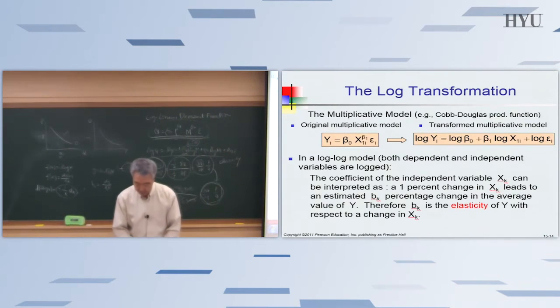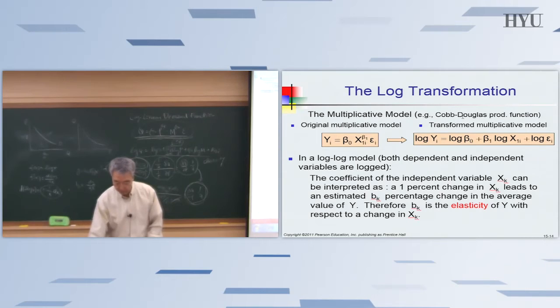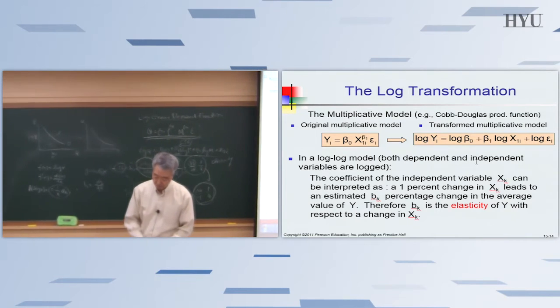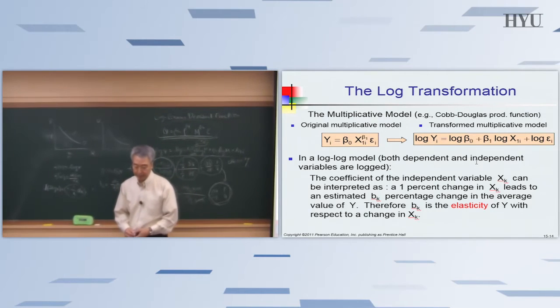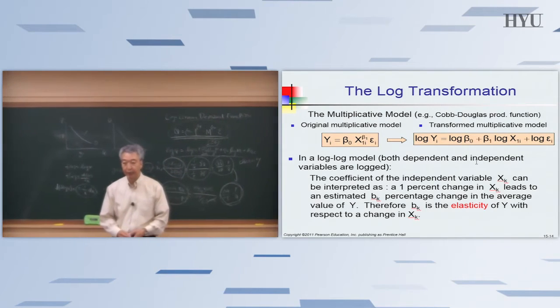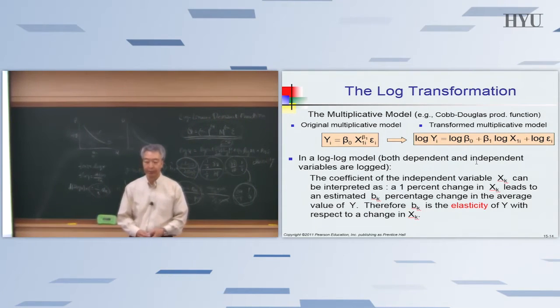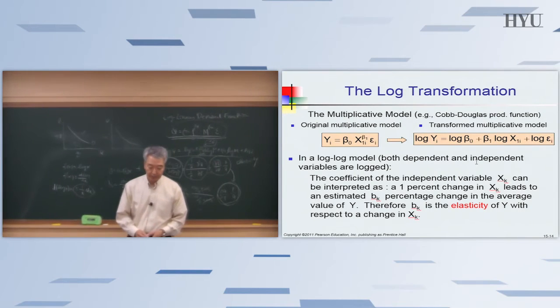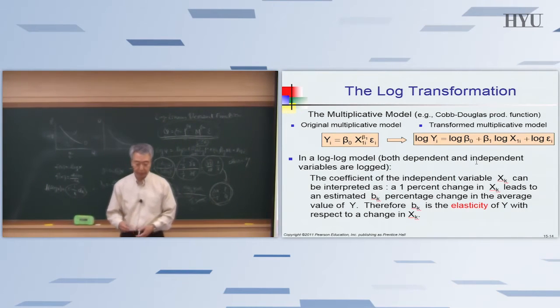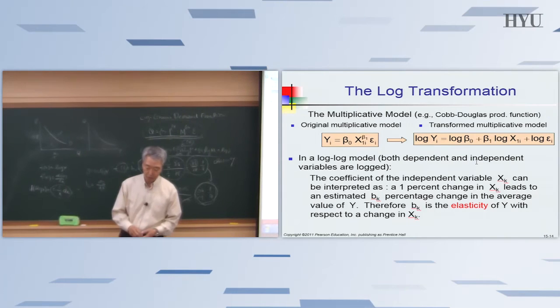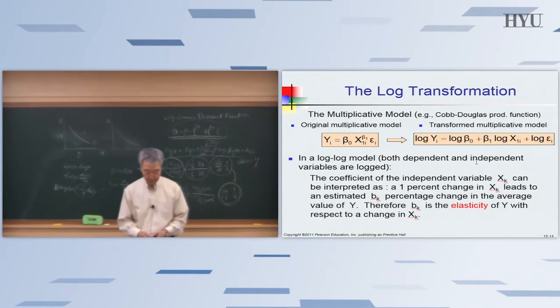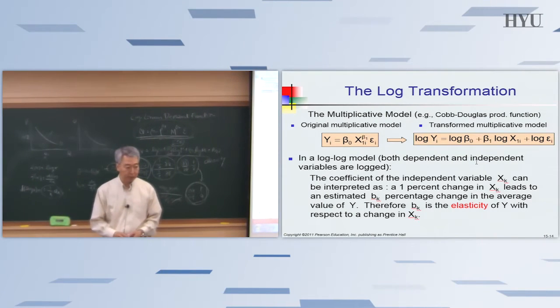If you look at the slide here, I mentioned, for example, the Cobb-Douglas production function. That's another very important tool and concept in economics. Cobb and Douglas are two last names. Charles Cobb and Paul Douglas came up with this production function.